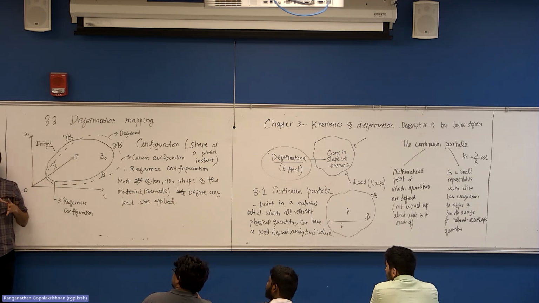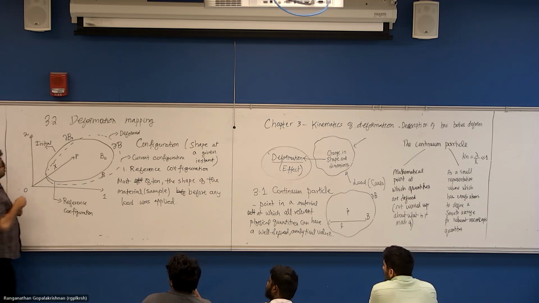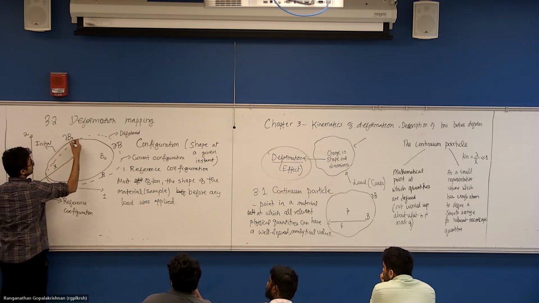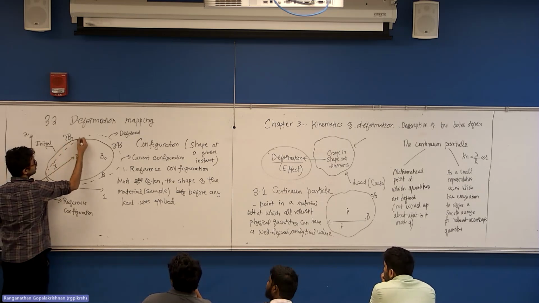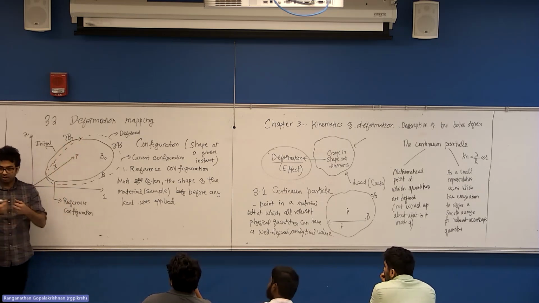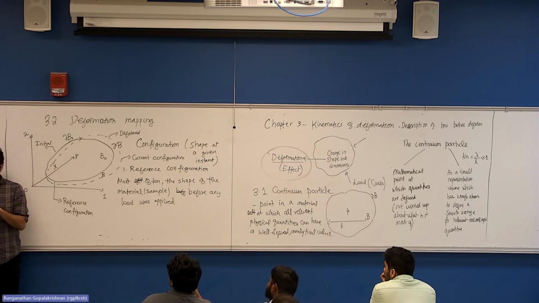Shape change is nothing but a mapping of points from one configuration to another. A point which was originally here is now moved to here because of the loading. You can do the experiment where you have a rubber band, you mark 2 points with a pen, and you stretch it.